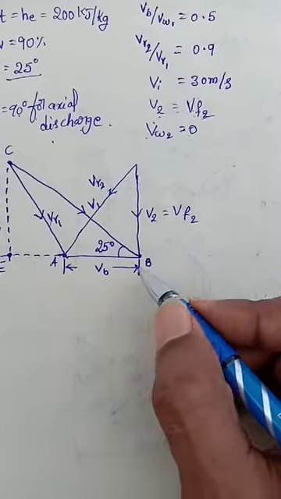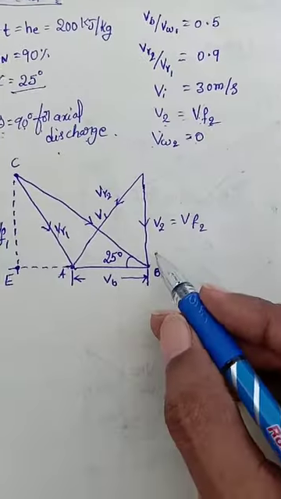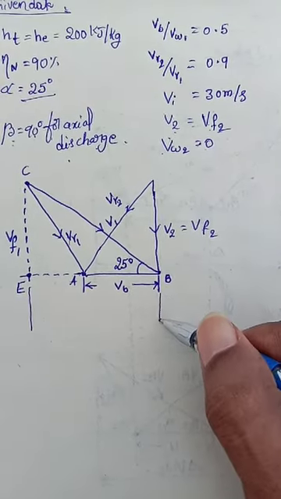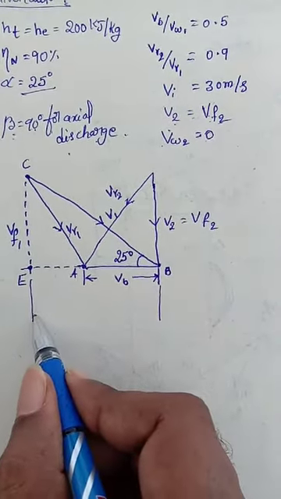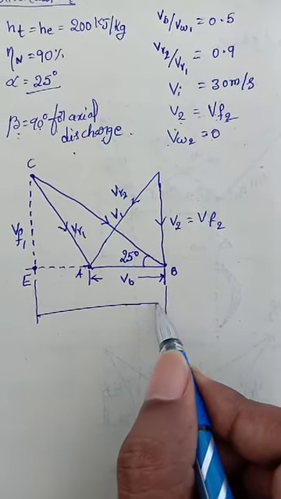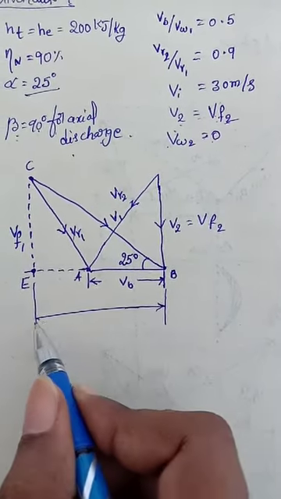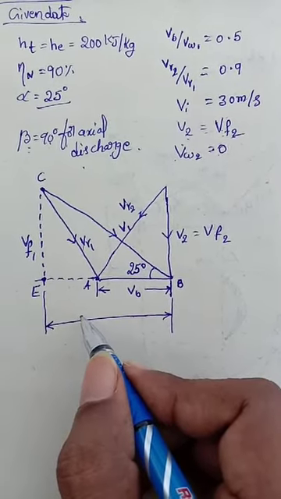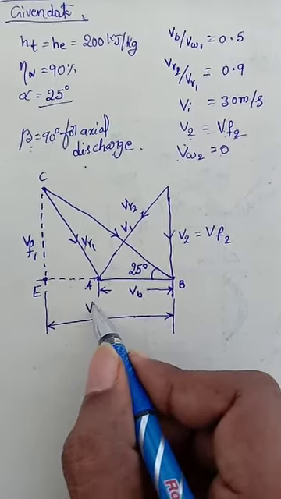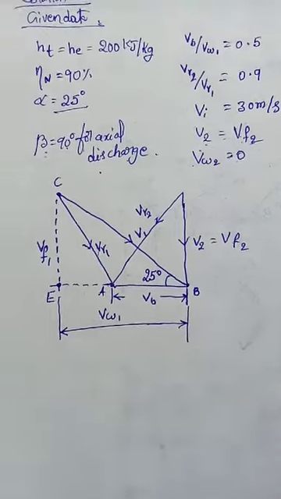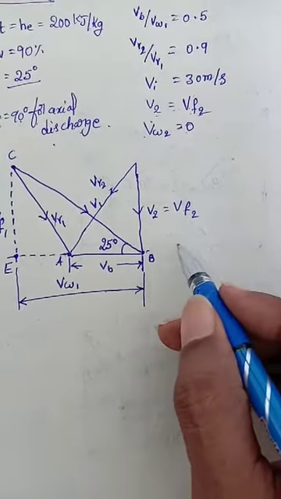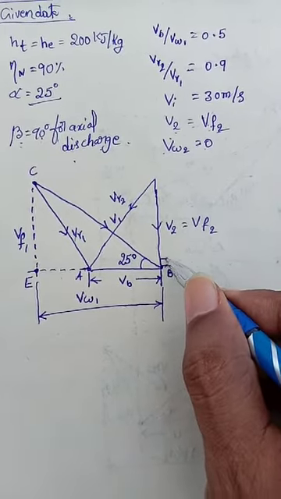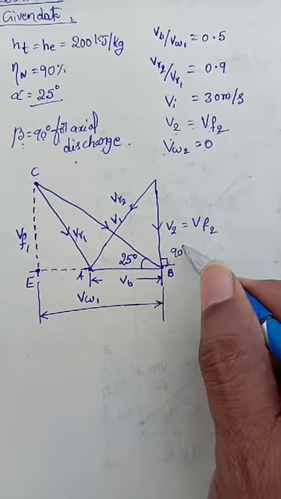Now here there is no whirl velocity. There is no whirl velocity 2 because the angle is 90 degrees.